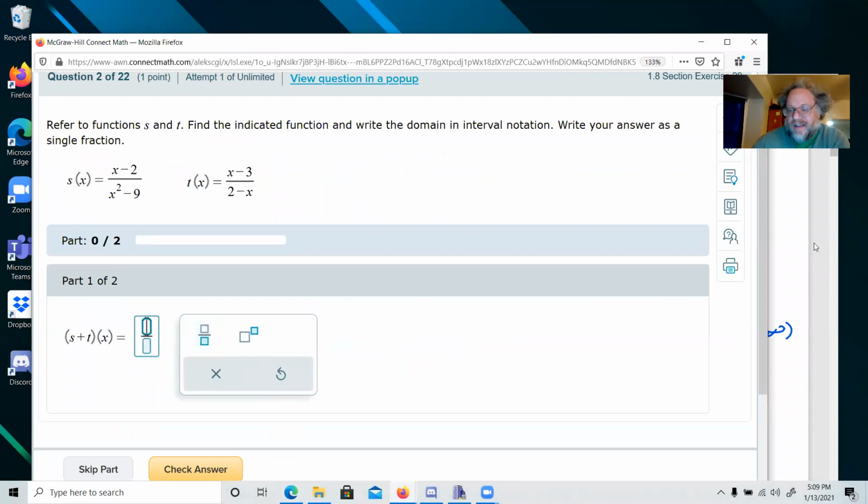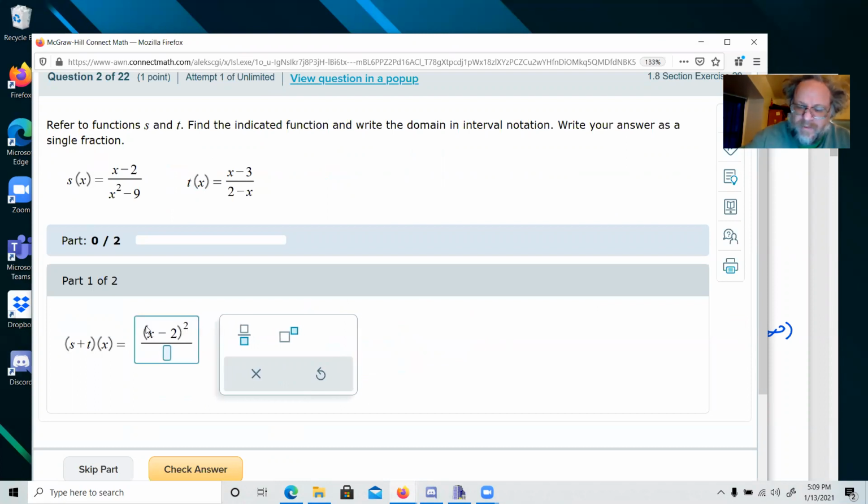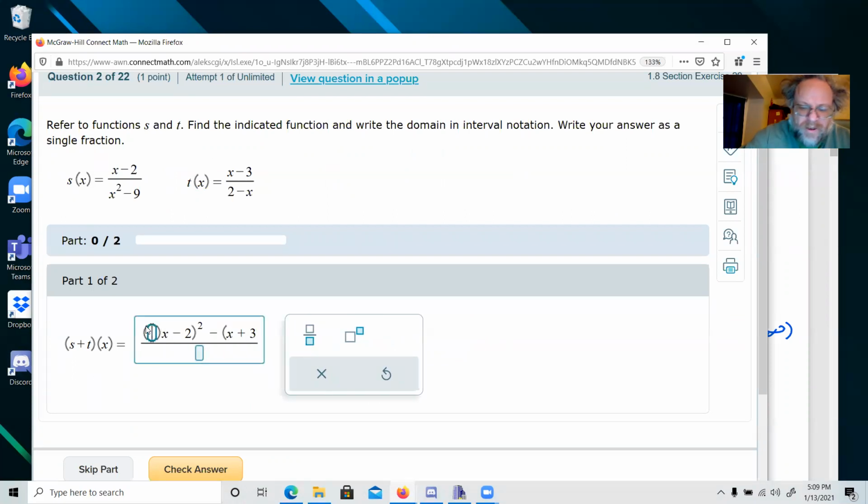All right. What do we have here as an answer? We have x minus 2 squared, right? So we have x minus 2, and I'm going to use the caret squared, minus, and we have x plus 3, x minus 3 squared.